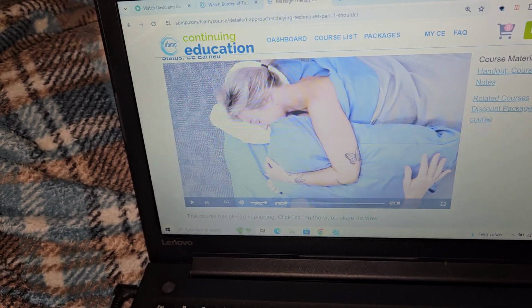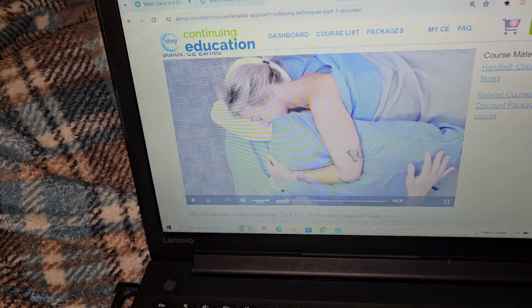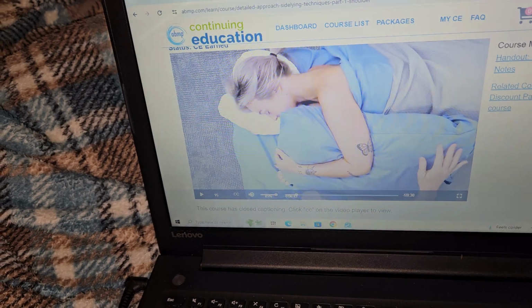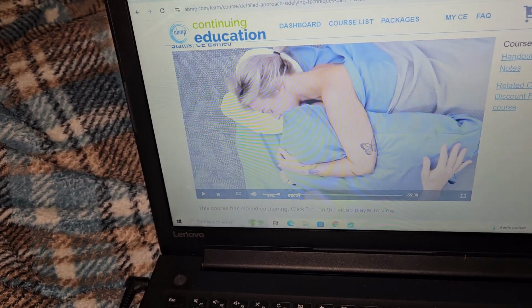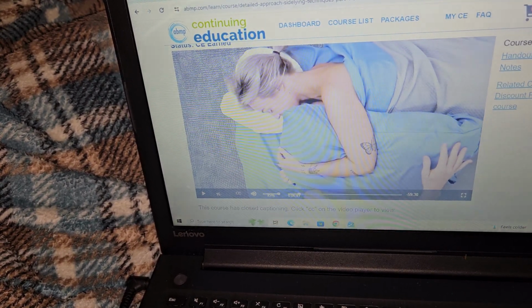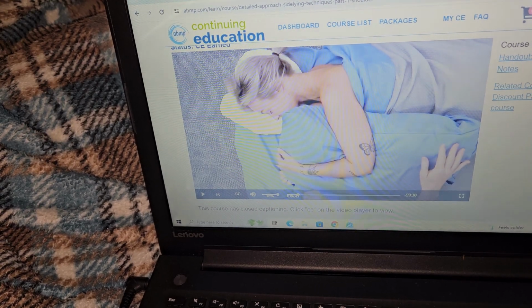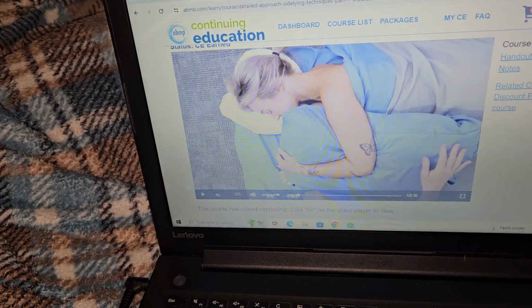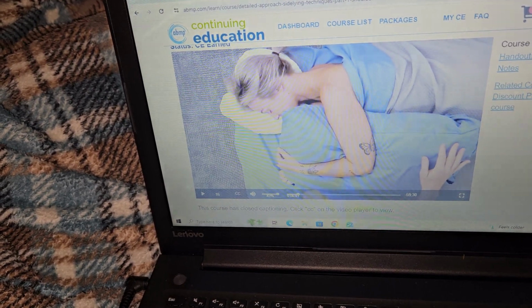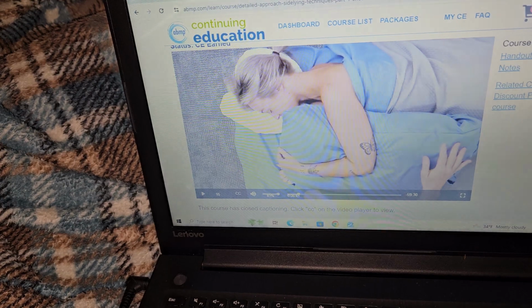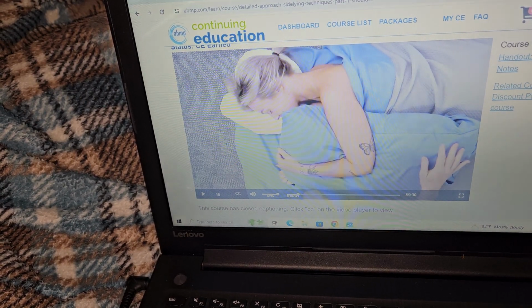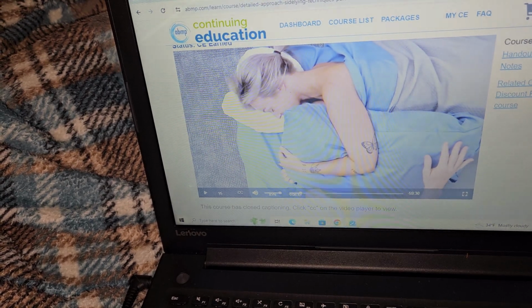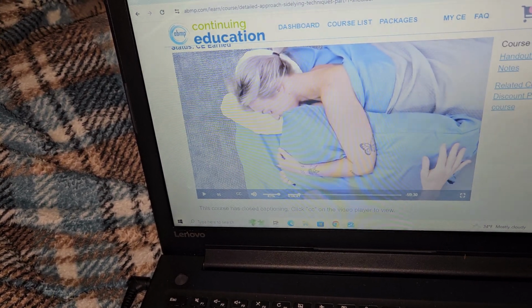So if I did apply any of these techniques in the future, I would want to practice on someone having a shirt on the table, because that's how I would personally feel comfortable doing it for women and men, because you're doing a lot of shoulder rotation. And it did seem like it was more gentle work. So I did like that she did put that disclaimer in the video, but I was not quizzed on that.